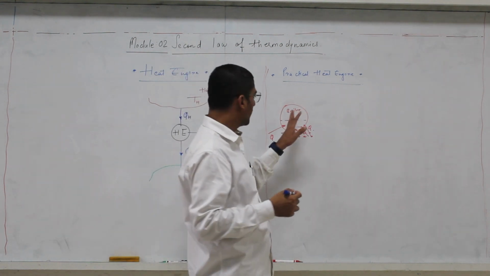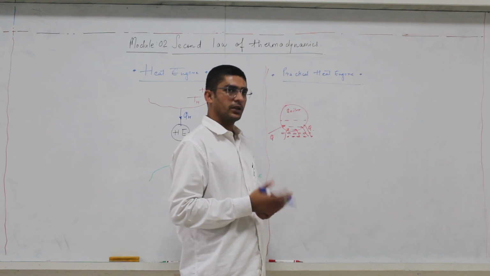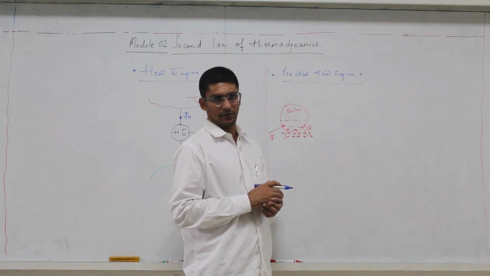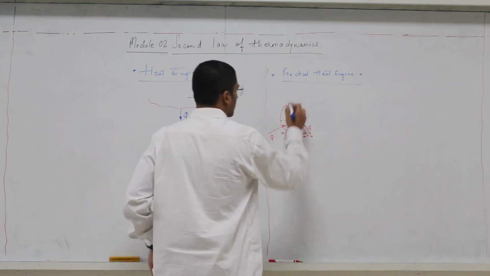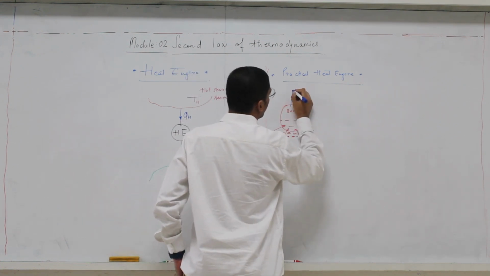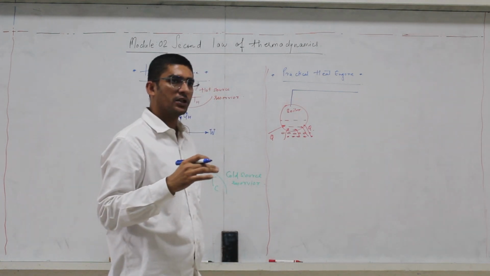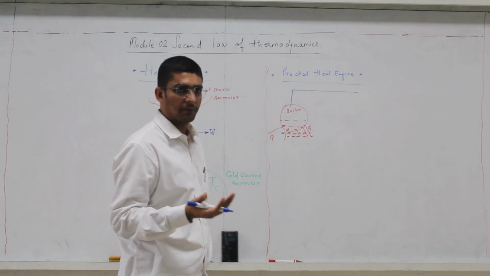Not only is the steam pressurized, it is a superheated steam. What comes out from here is very high pressure steam, and its temperature is much above the saturation temperature.